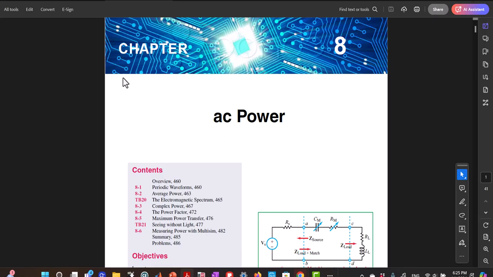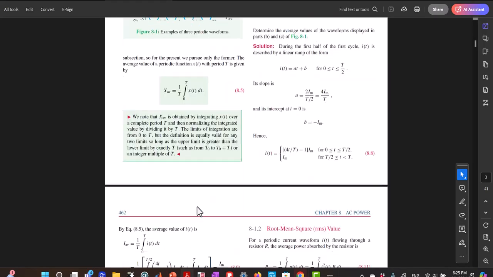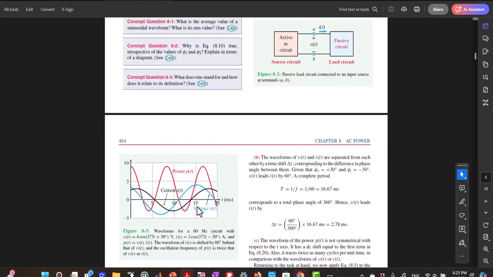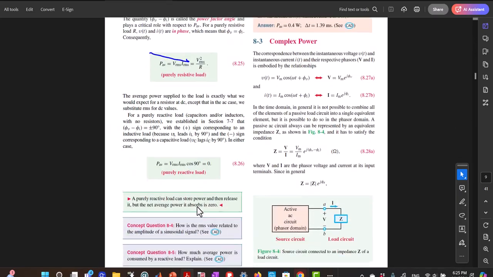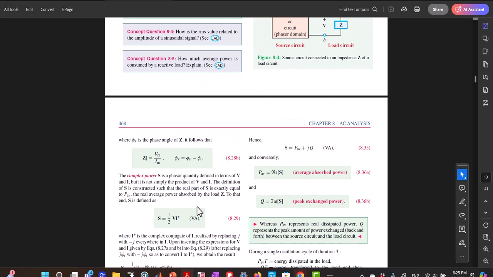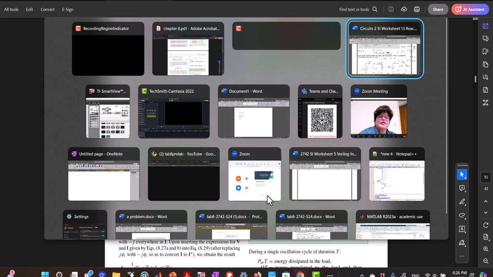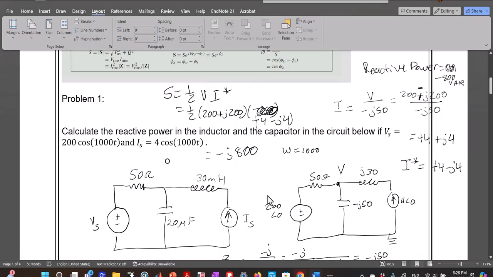Oh, you have to leave at 6:30. Yeah, I understand. I get it. Yeah, it's VAR. So the reactive power is VAR because the complex power is VA. Yeah, I knew that.